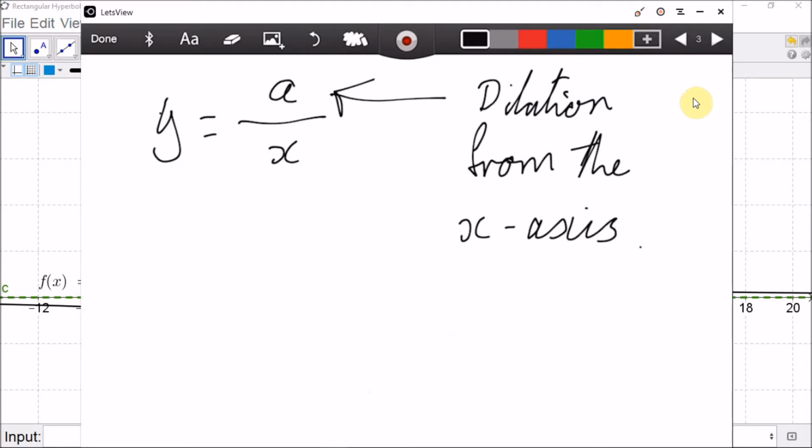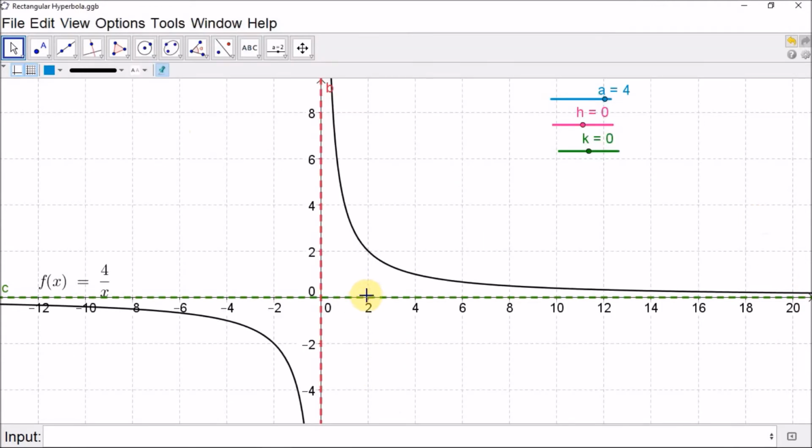I forgot to bring that screen back up, sorry about that. If I write it instead of 1 on x, I'm going to change that number and I can make it whatever I like, a on x, and it's a dilation from the x-axis. Because the point is moving up, it's moving away from the x-axis as it moves up.